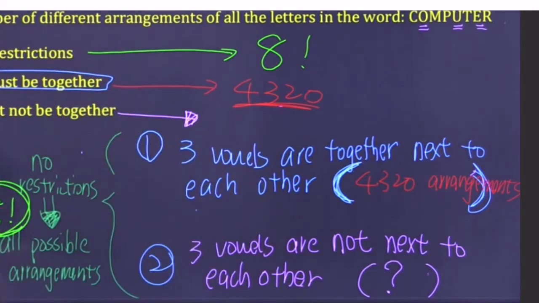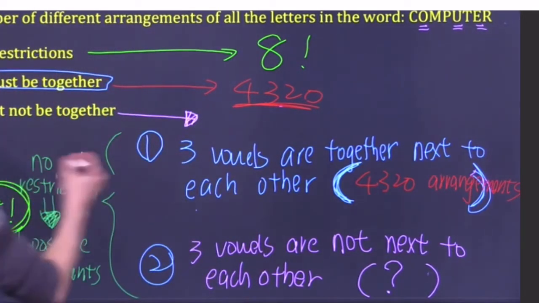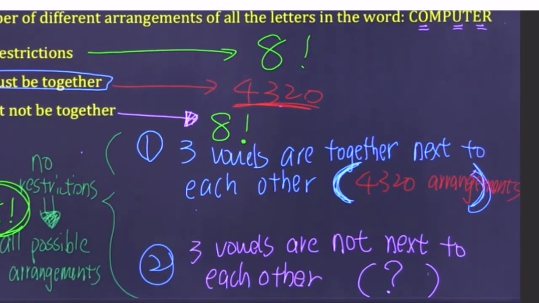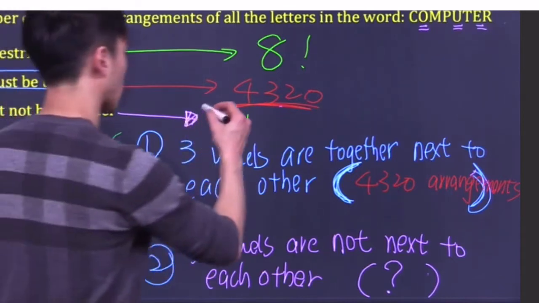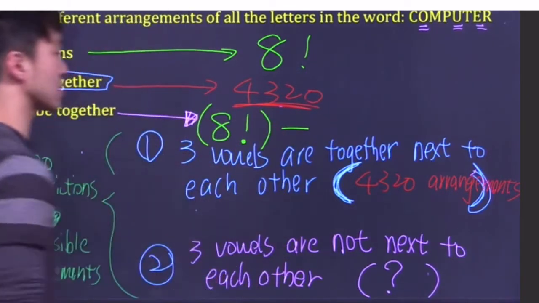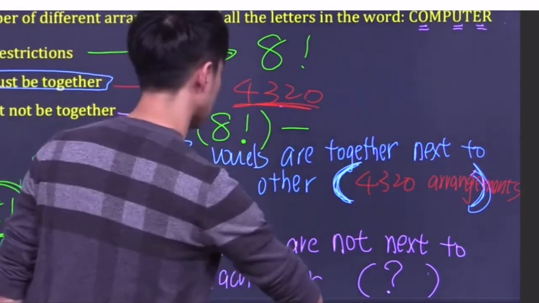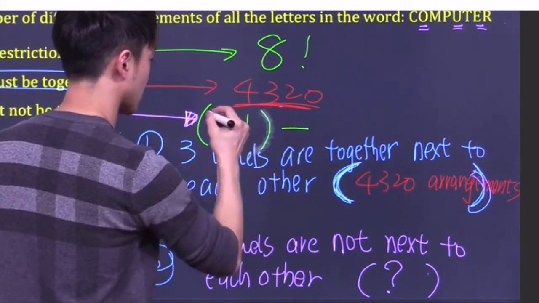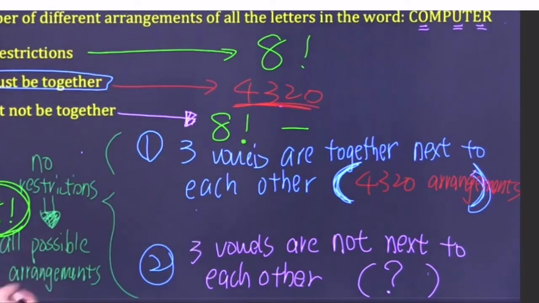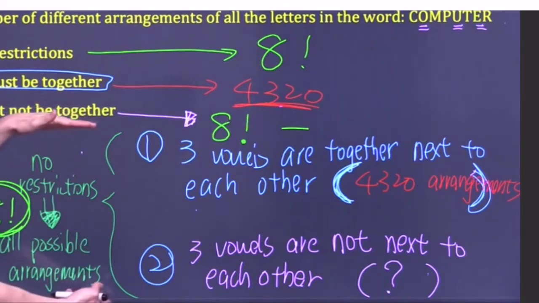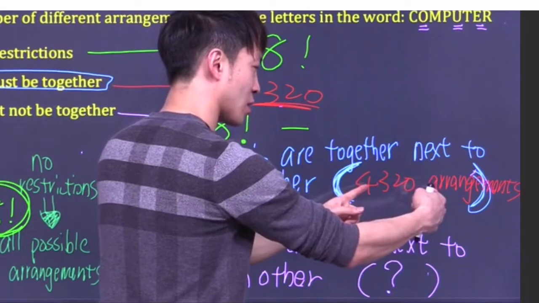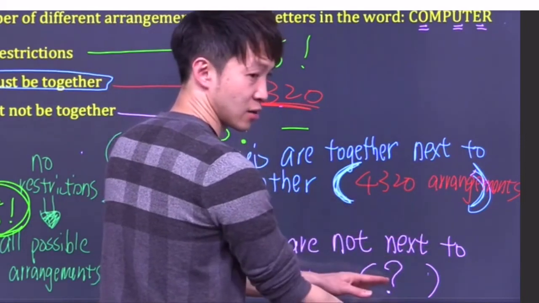That would be A factorial minus, all the possible arrangements minus this number, 4,320, and whatever is left is this.